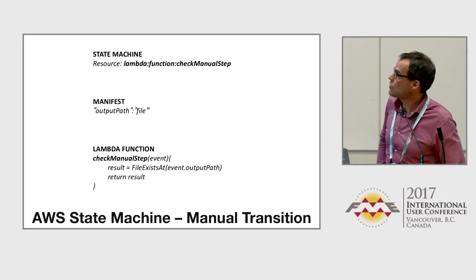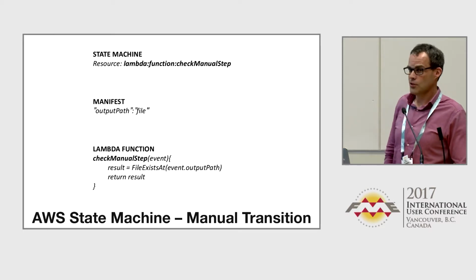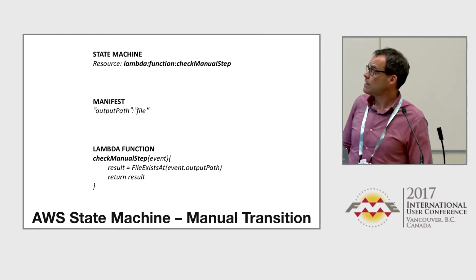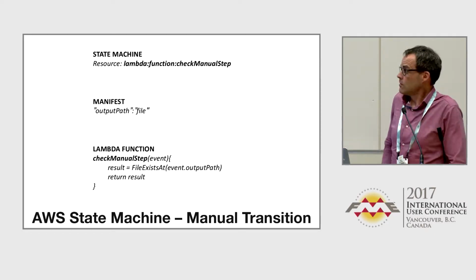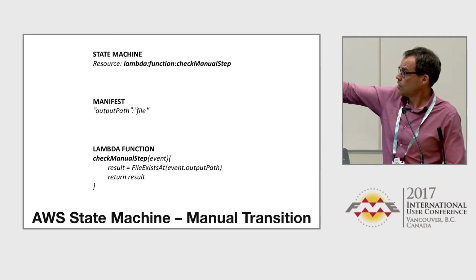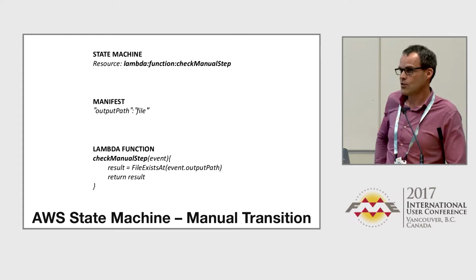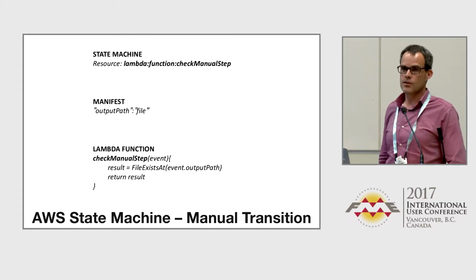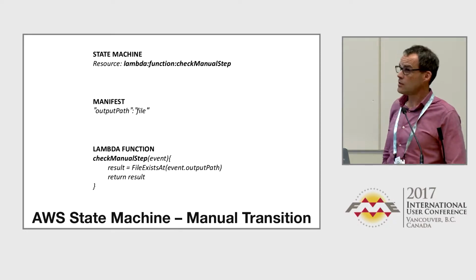Here is just an example of the state machine at the top. In this case, it's a simple one. The bottom is the Lambda function. It waits for a simple manual step to occur. Does this file exist on S3? If it does, that step is done.